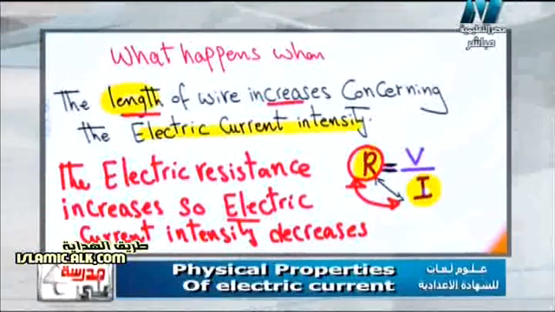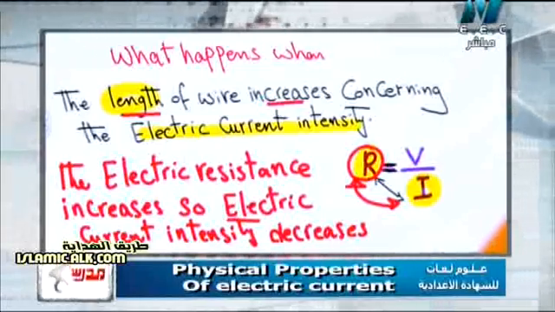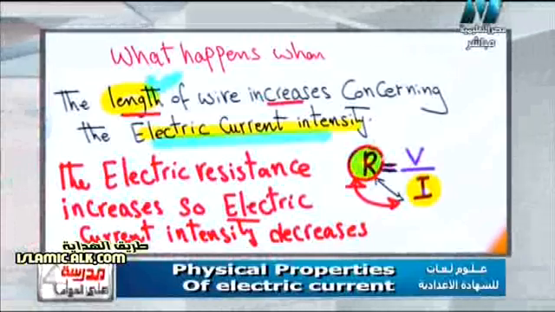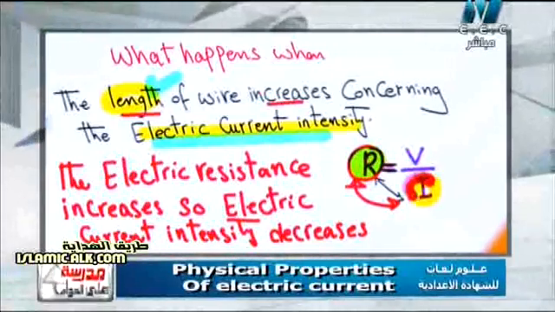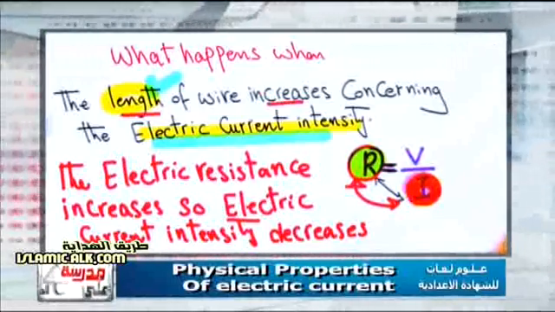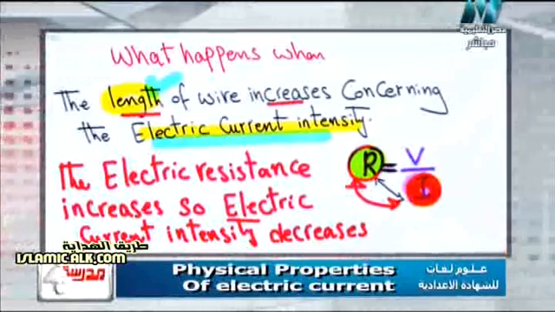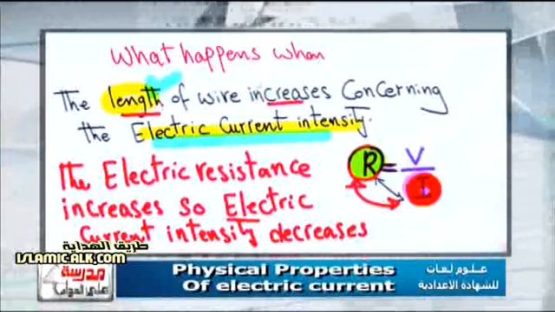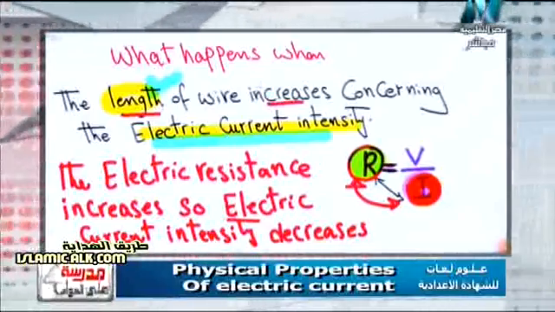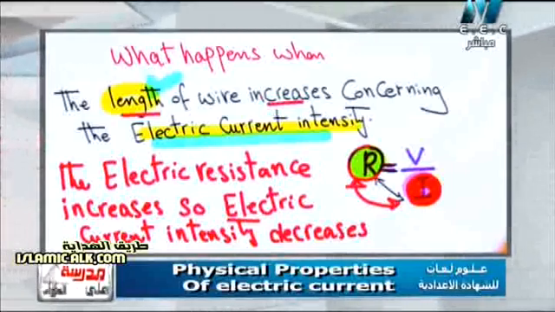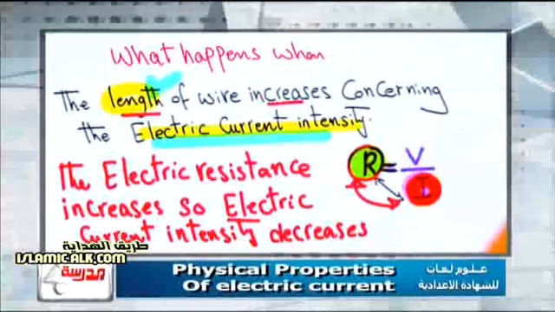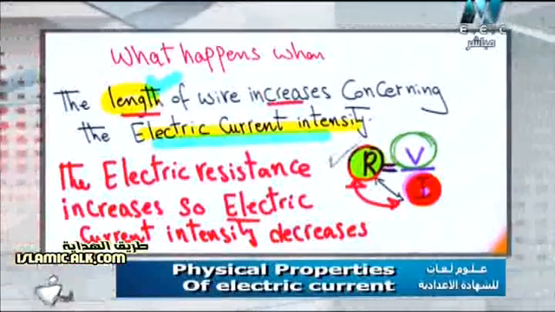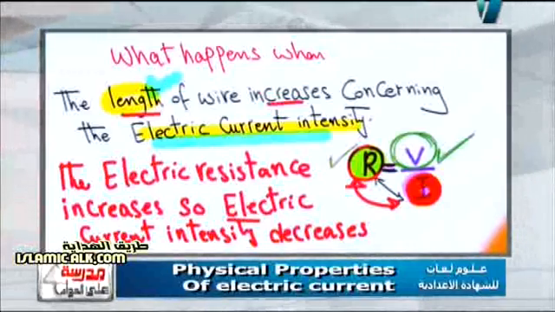We can find it by knowing the relation between the length of the wire and electric resistance, and then the relation from the mathematical rule between electric resistance and electric current intensity, I. So we use a rheostat as a variable resistance, changing the length of the wire or cross section to change R. As electric resistance is inversely proportional with electric current intensity and directly proportional with potential difference, if the electric resistance increases, the potential difference increases, as you see from the mathematical rule.